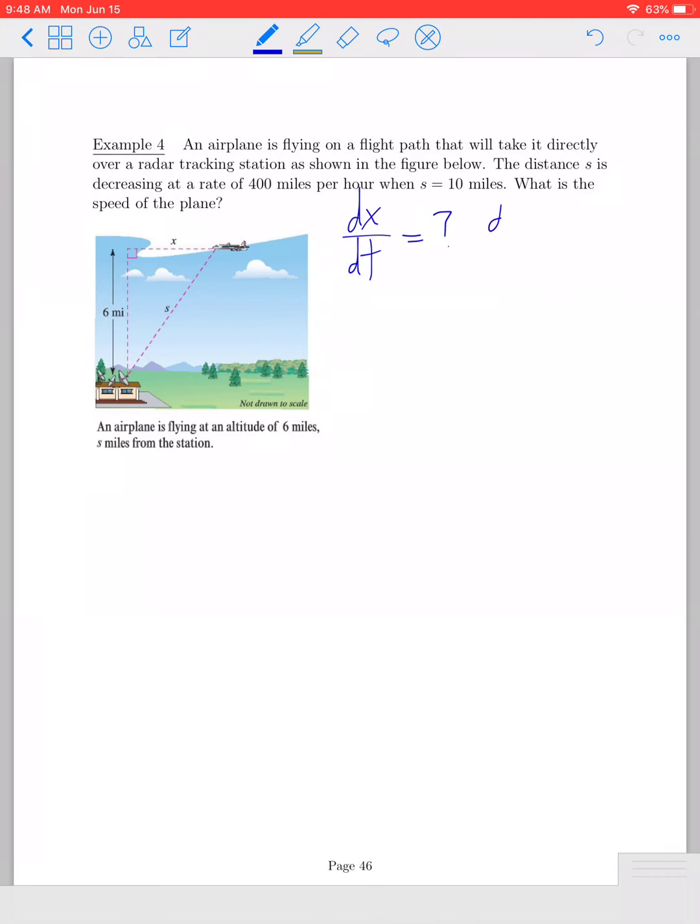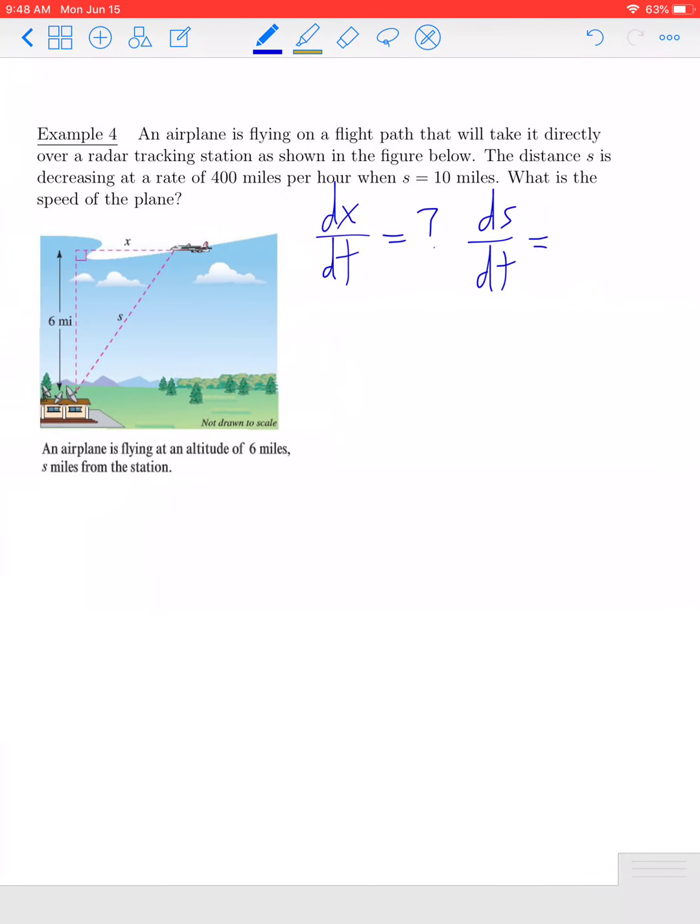So they're telling us ds/dt, and one of the things that's very important here is the number 400. It's decreasing, so it's moving closer to the station, so that's going to make that a negative rate. That's going to be negative 400. I'm just going to leave the units off, but it's miles per hour. We want to find that speed when the plane is at a distance of 10 miles from the station.